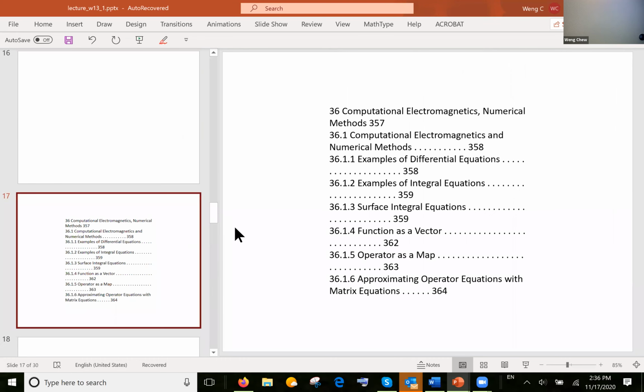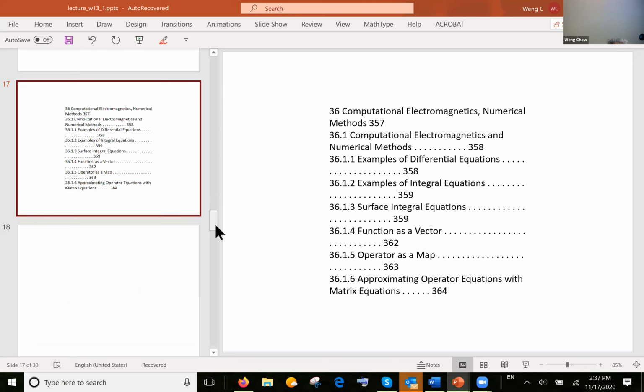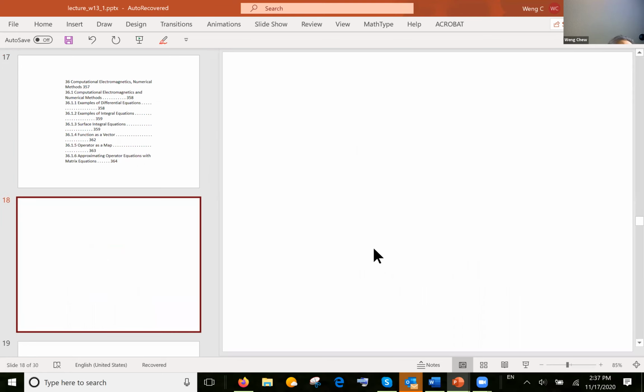I'd like to move on to the next lecture, lecture 36, which is on computational electromagnetics, and talk about some of the concepts that we have there. Computational electromagnetics is very, very important because of the advent of computers.